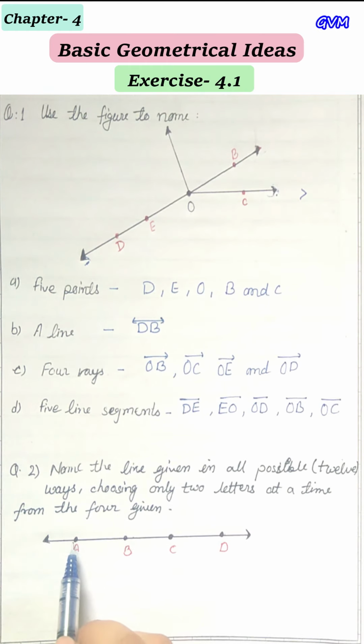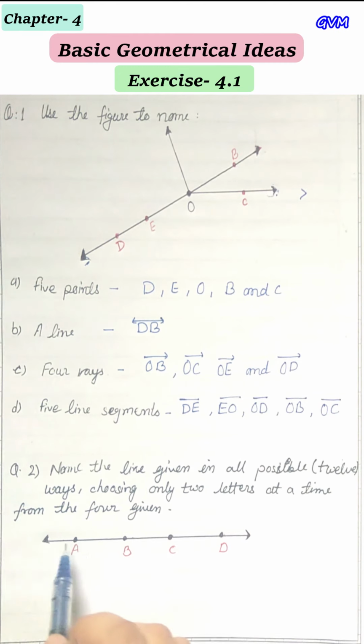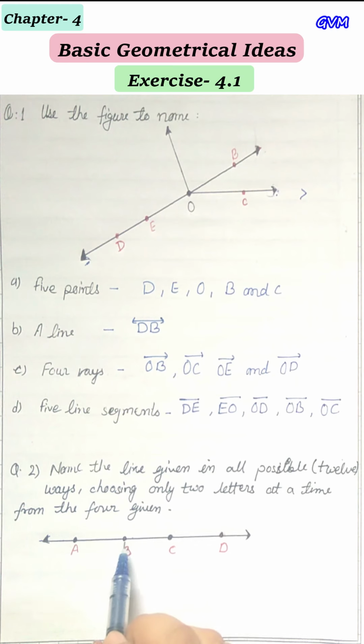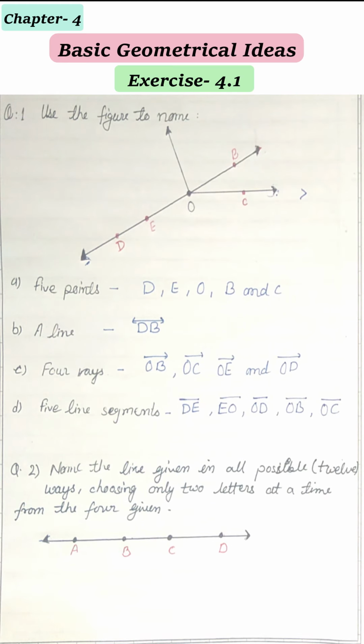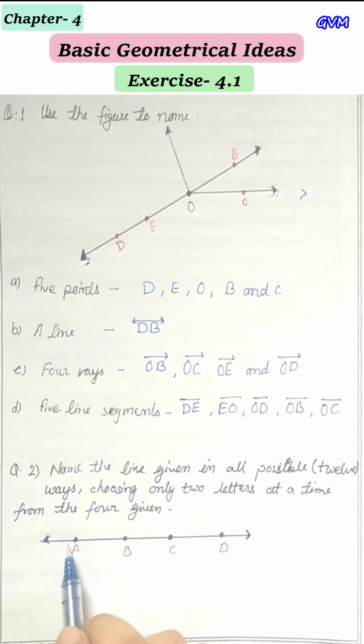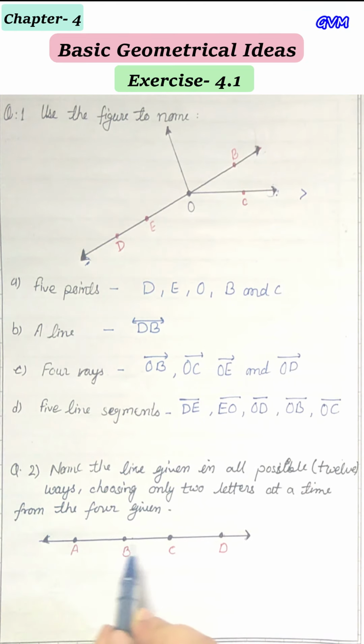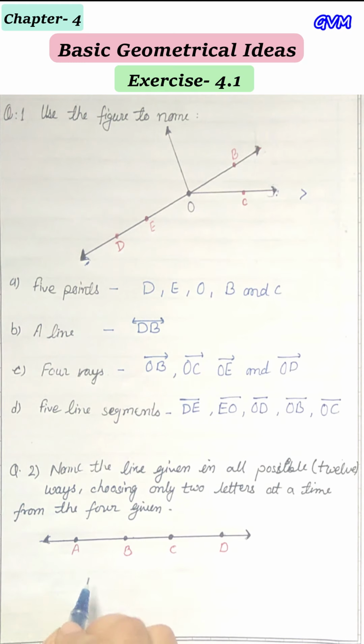First line we have AB, because if we consider this point and this point, this is endless and B is also endless from here. Okay, similarly AC, AD. Okay, then we have BA, then CA, then BD, BC, similarly and so on. Okay, so we will write all the lines.